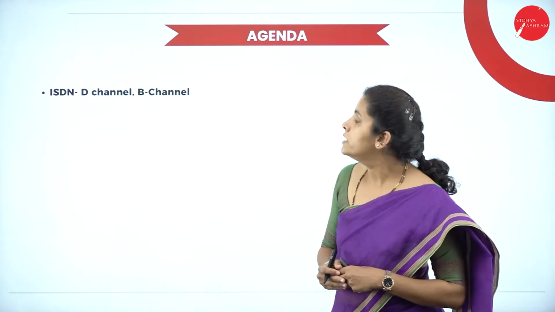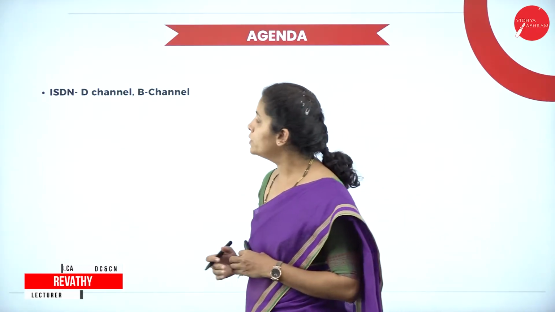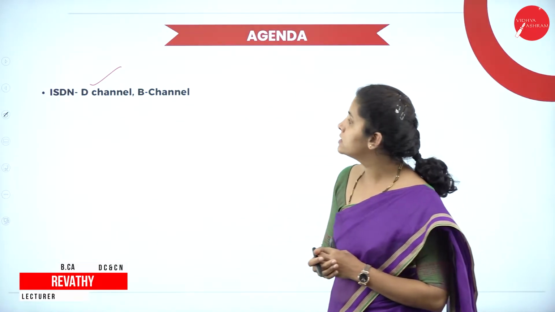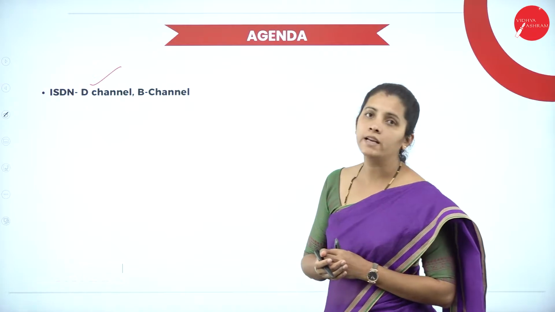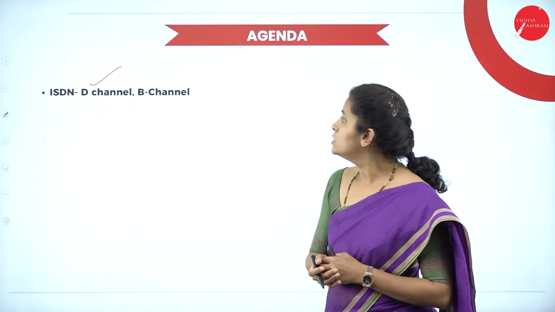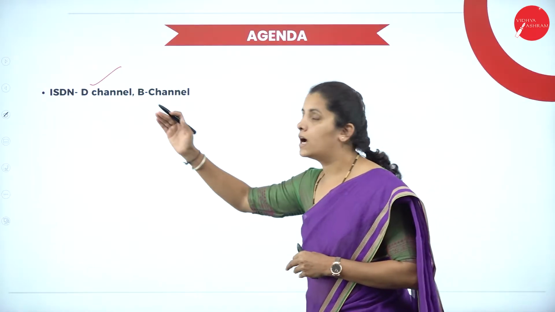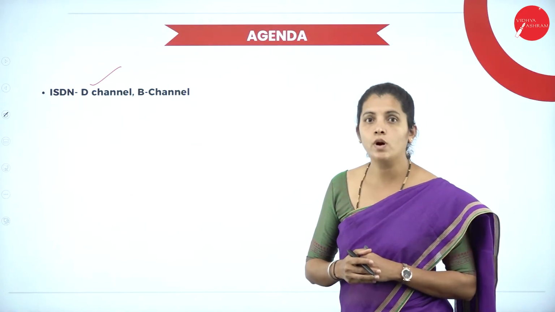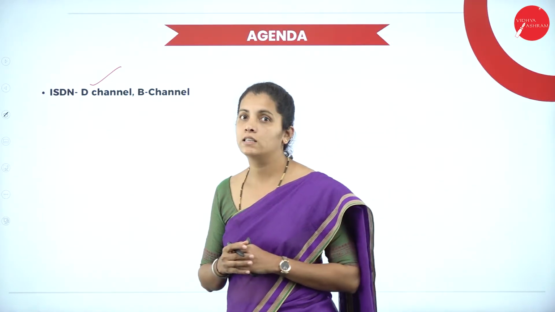Moving further, in today's session, I'm going to deal with ISDN. In that, I'm going to discuss the D channel and B channel. Before starting my discussion, I want to recall what I discussed in my last session.